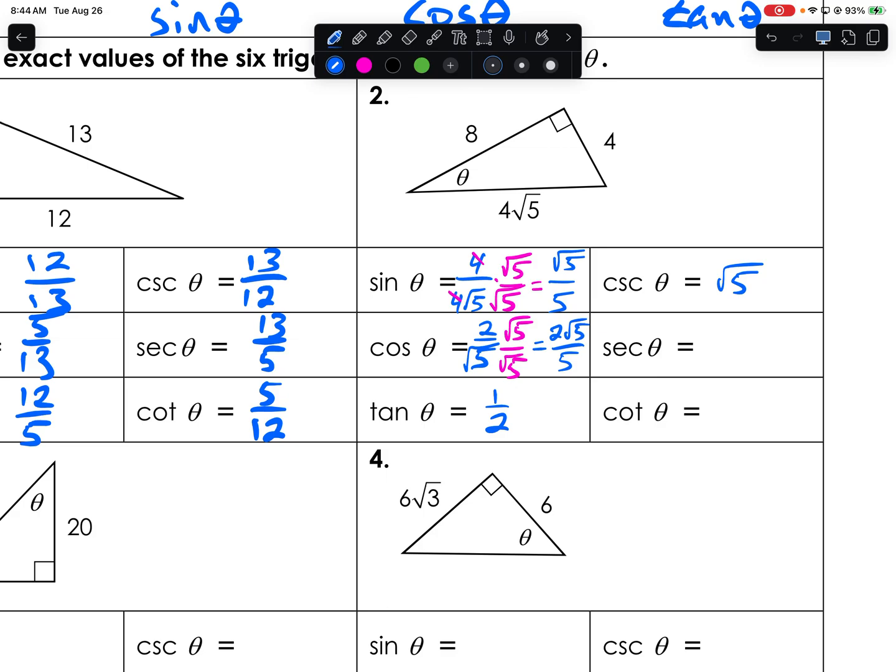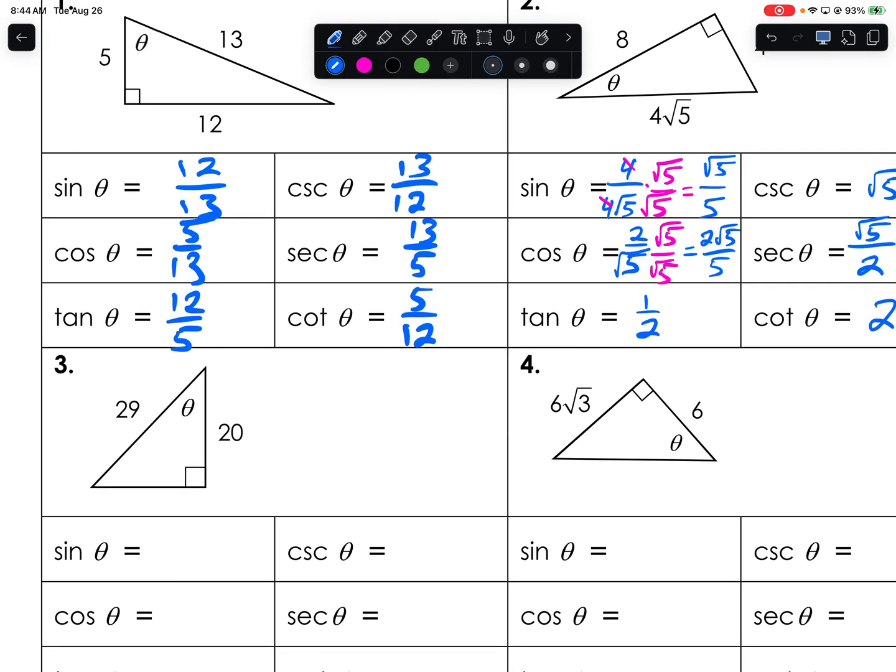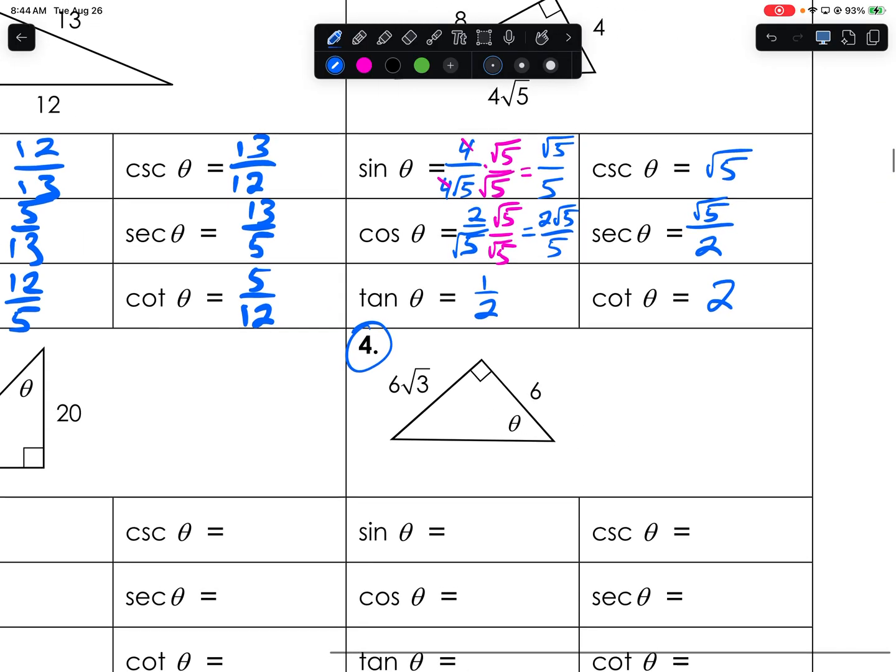So what's secant? Root 5 over 2, right? So I'm not looking right here because that's a pain in the neck. I'm looking right here because all I do is flip it and then I don't have to rationalize. So it depends where you look as you're going through these problems. What's cotangent? Okay, do 4 on your own. What do you have to do first for 4?